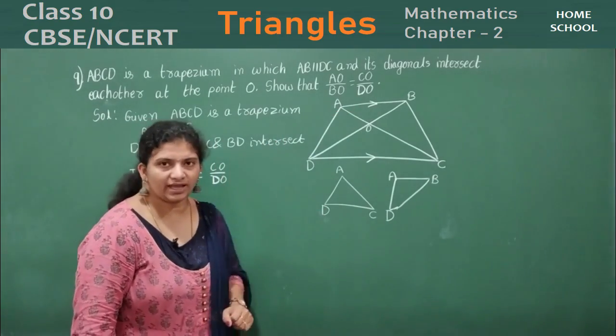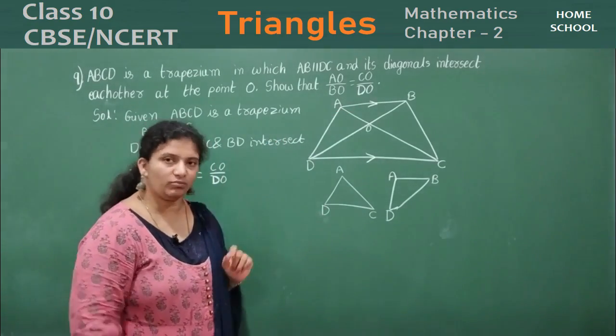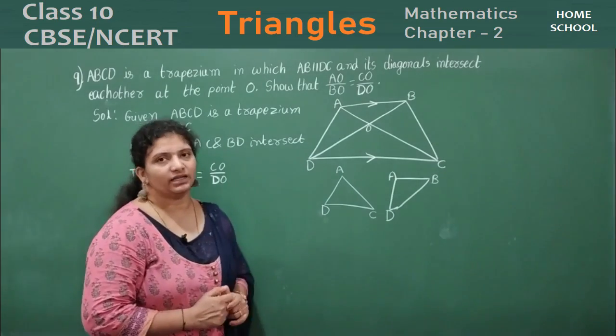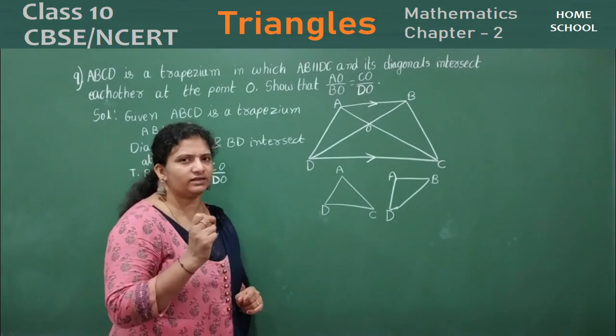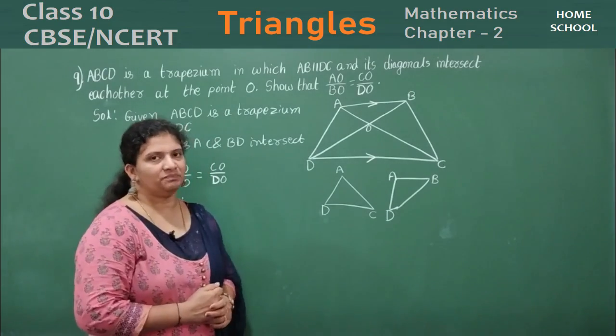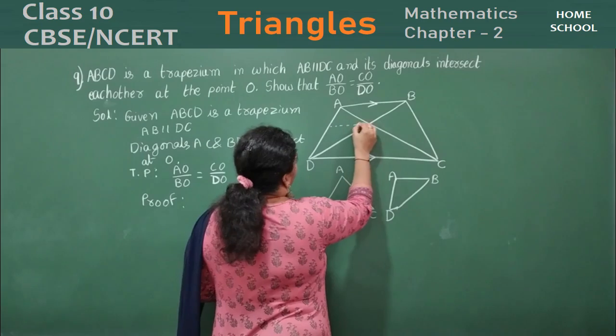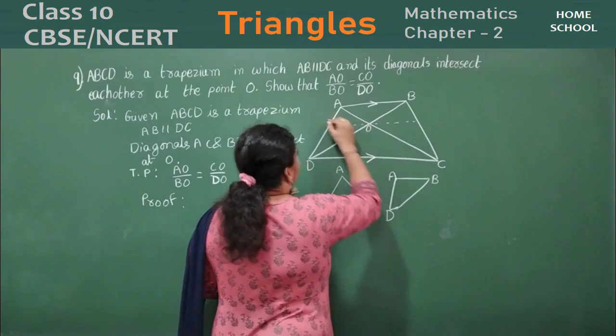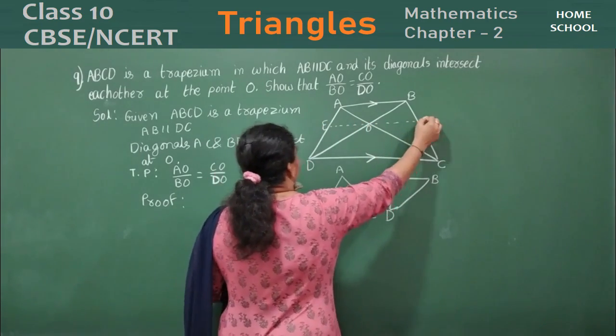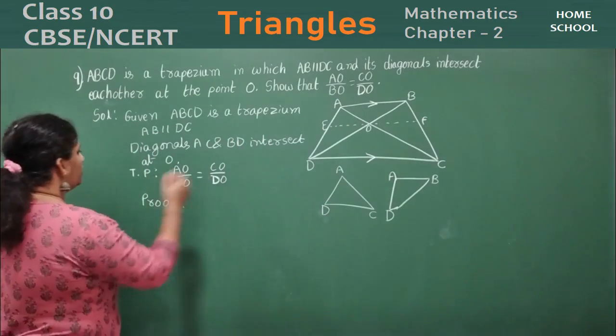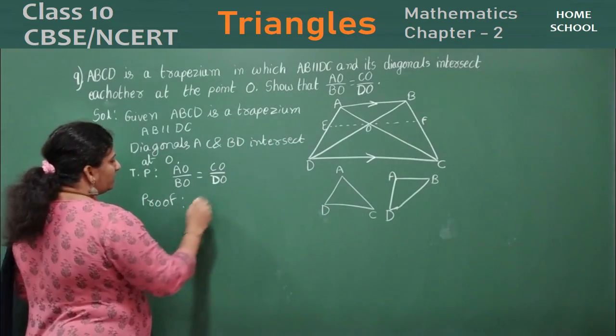These are the two triangles I am going to consider. Before starting the proof, I need to construct a small line here. What is that line here? I may draw a line EF.